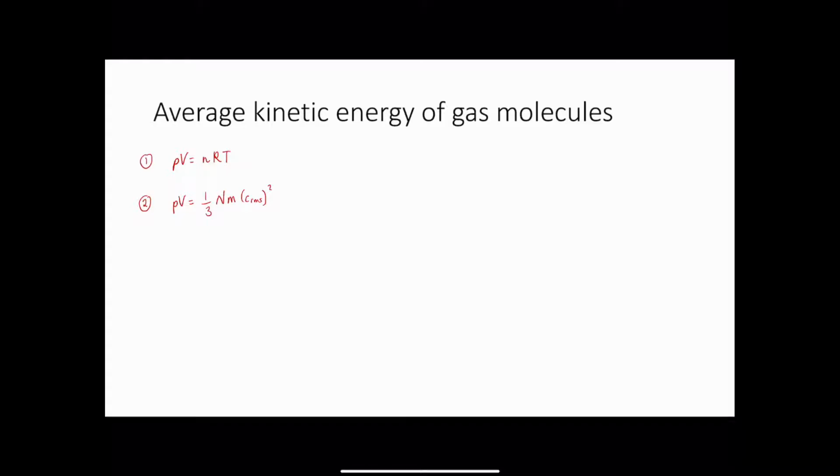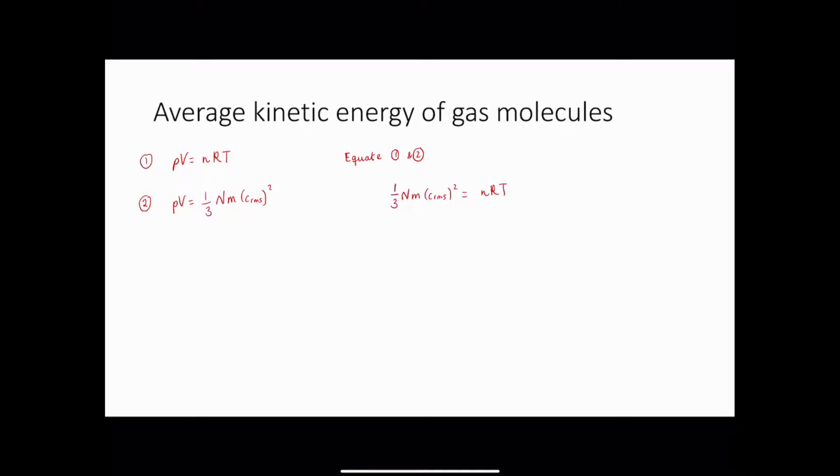If we equate 1 and 2, then we're going to get 1/3 nm CRMS squared is equal to nRT.